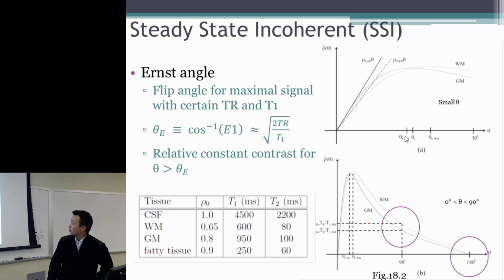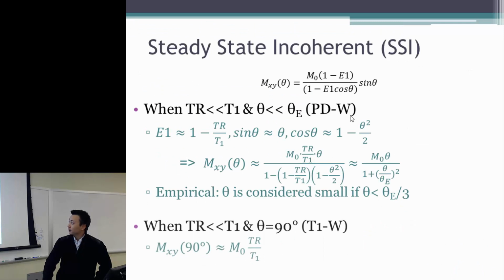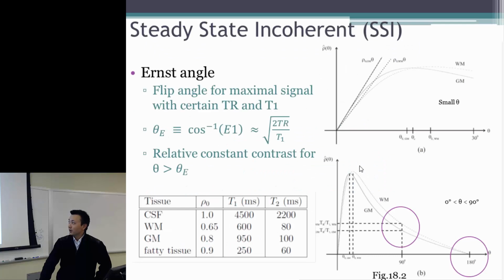It only shows a small flip angle range, up to 30 degrees. We can see that for very small flip angles, probably just a couple degrees, this part is almost linearly proportional to the flip angle, just as we have predicted before. And here it is just directly proportional to the spin density. So in this region, when we use very small flip angles, we get proton density weighted imaging.